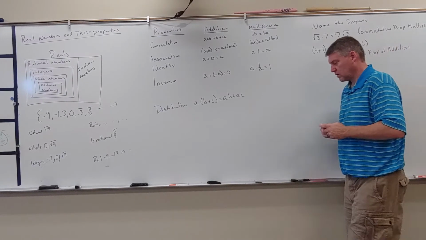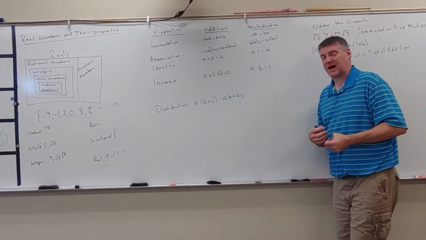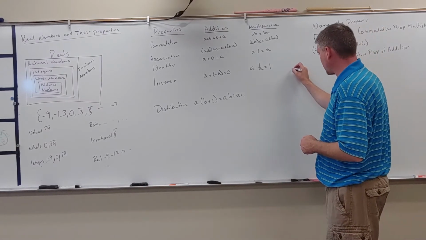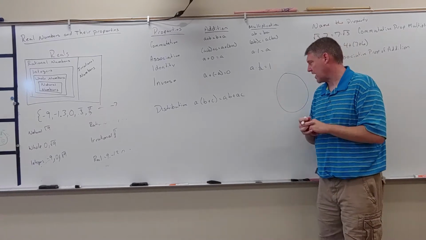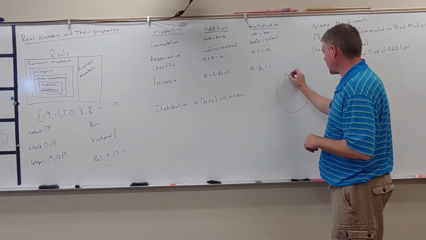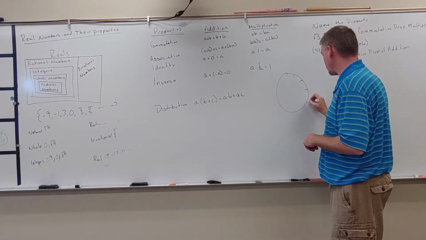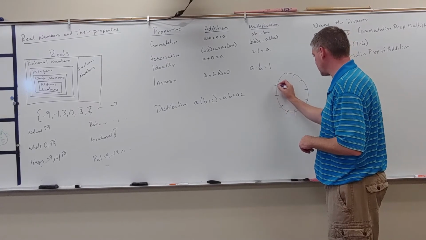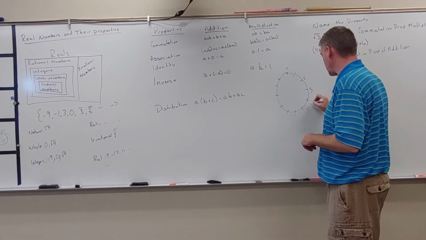Okay? So the last thing we're going to talk about is this idea of clock addition. So if I had a clock, and in your book they use a clock with 5 here, but even if I had 12, 1, 2, 3, 4, 5, 6, 7, 8, 9, 10, 11, 12.